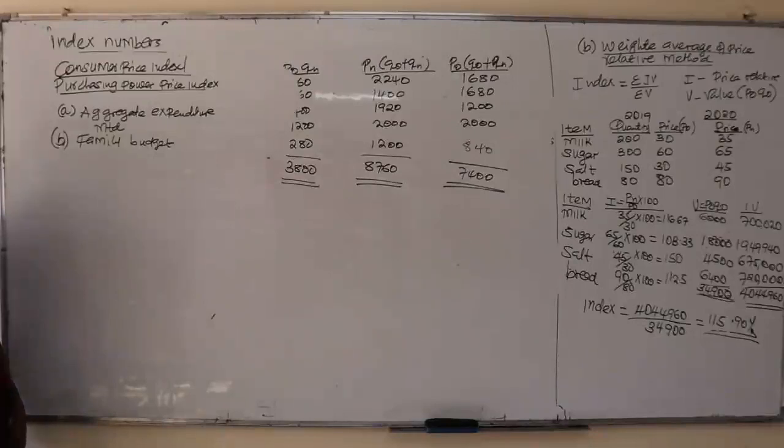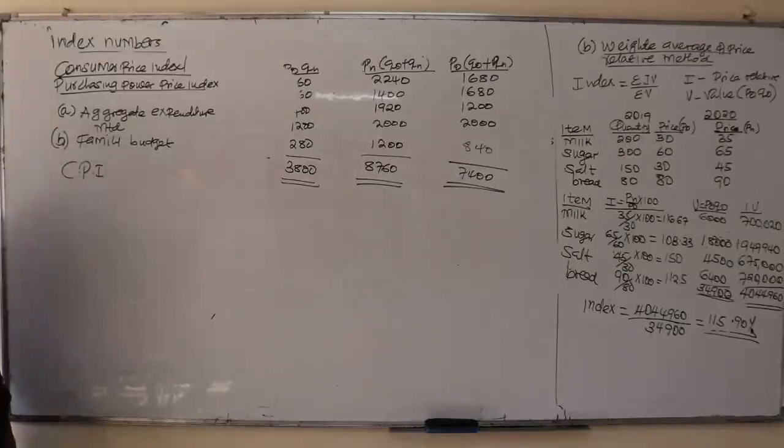So the aggregate expenditure method uses quantity as weights. So it is just what we call the Laspeyres price index.